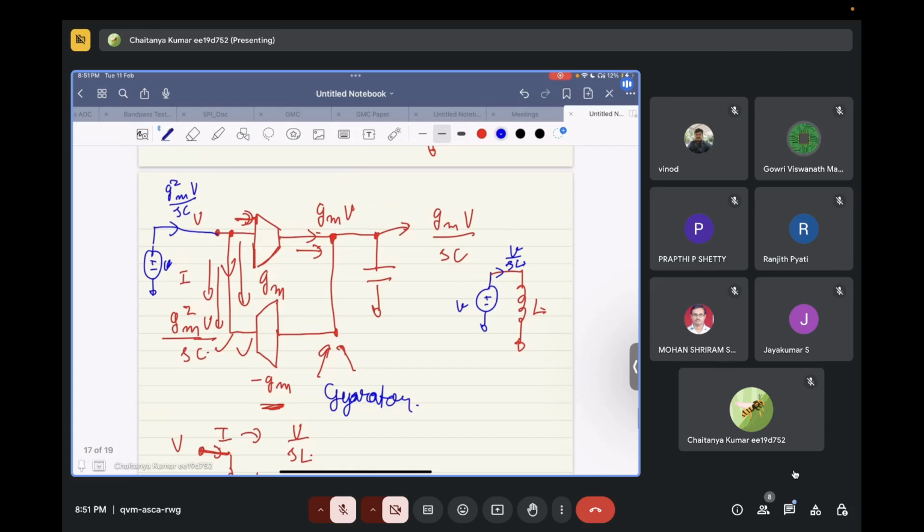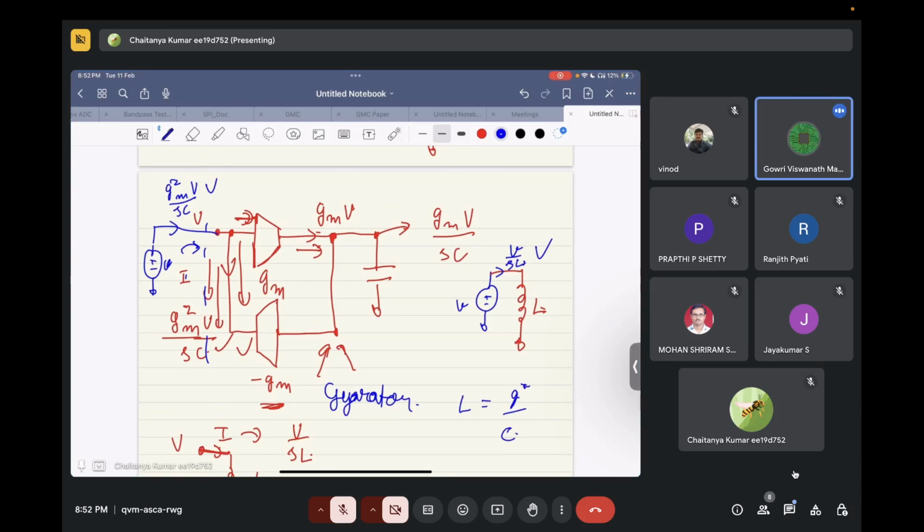So this and this both are inversely proportional to frequency, right? So if we compare these two, this complete circuit will behave as an inductor to which you are applying a voltage source V, and that inductance value will be Gm square by C. Is this clear?